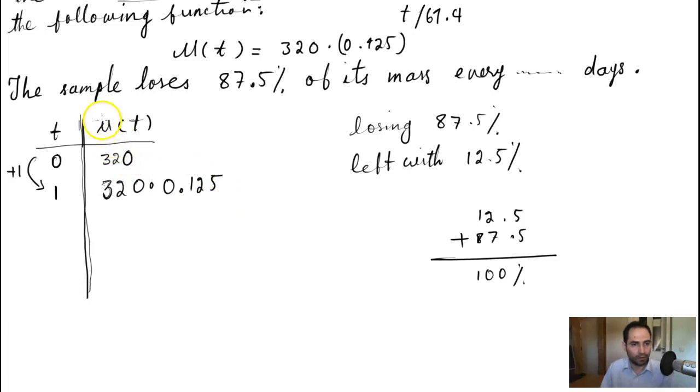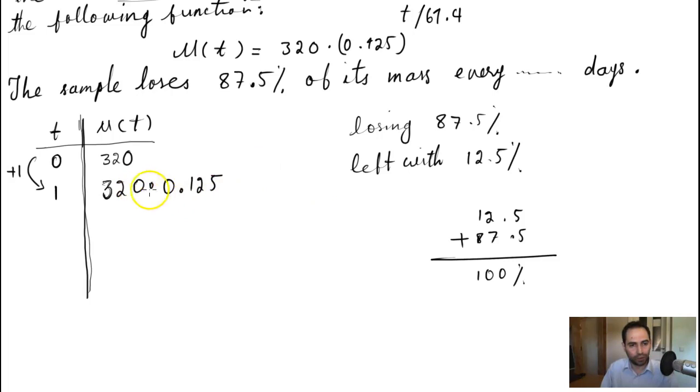So if m of t was 320 when t was 0, now when t is equal to 1, after 1 day, you are left with 320 times 0.125.